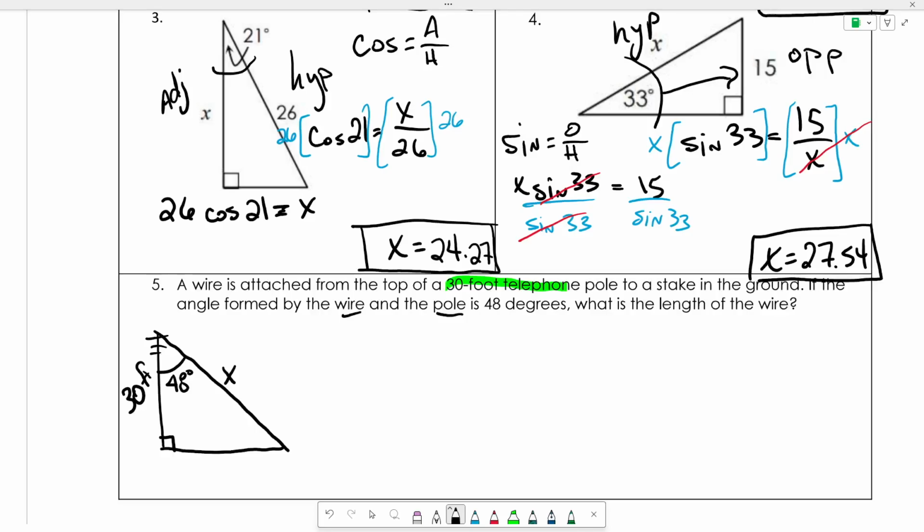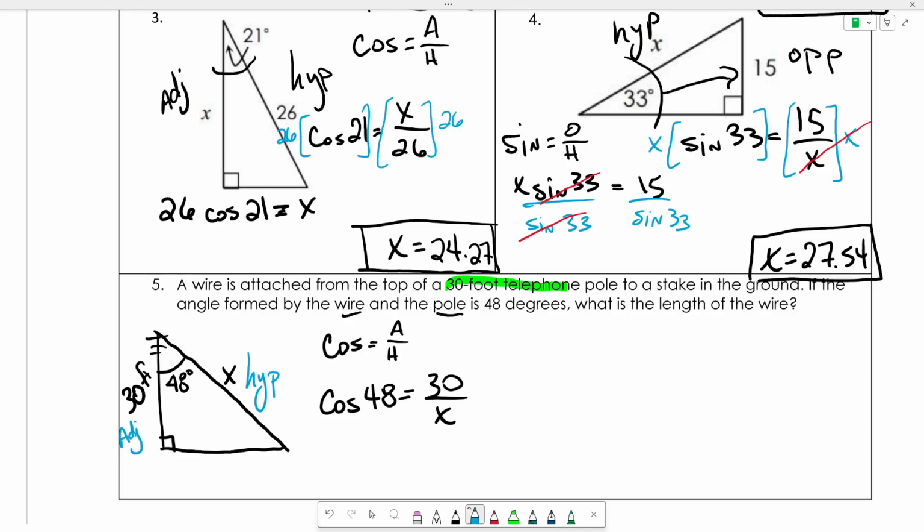So this piece is my adjacent, and this is my hypotenuse. Adjacent and hypotenuse will be the cosine, because the cosine is the adjacent over the hypotenuse. Plug in the information that we have: the cosine of 48 is equal to 30 over my variable, the length of my wire, x.